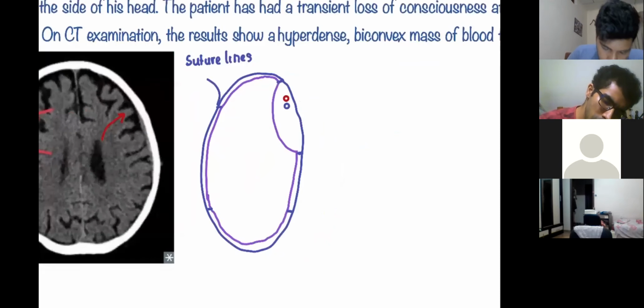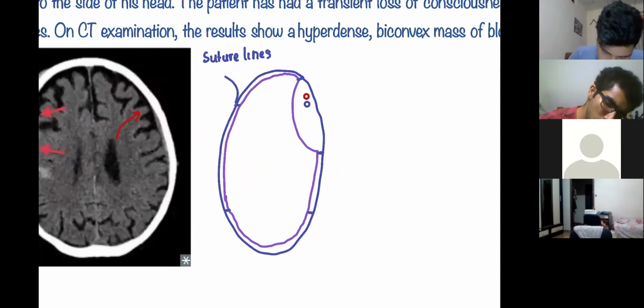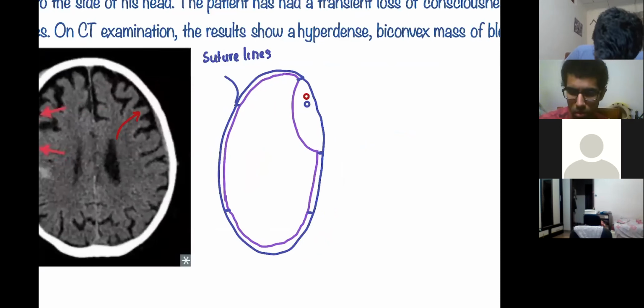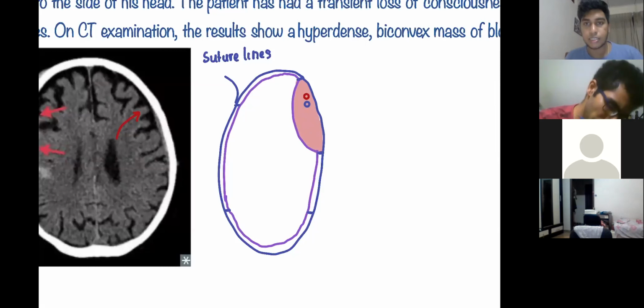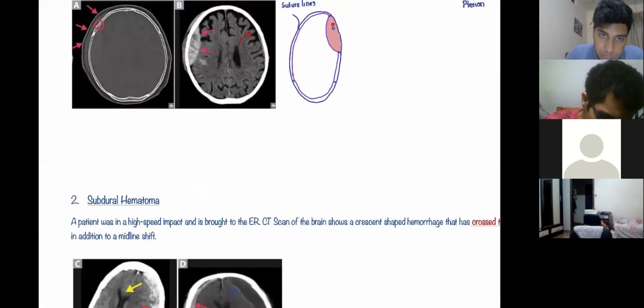Okay, what happens then? These blood vessels will be damaged and they will bleed, and somehow they will separate the two dura mater layers like this. But the problem is when you come to the suture lines.